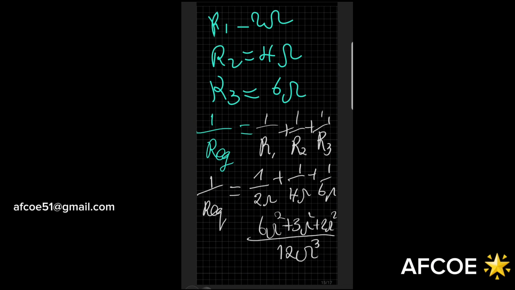We will then say that our 1 over R equivalent will be equal to 6 plus 3 plus 2, which is 11 ohms square over 12 ohms cube.